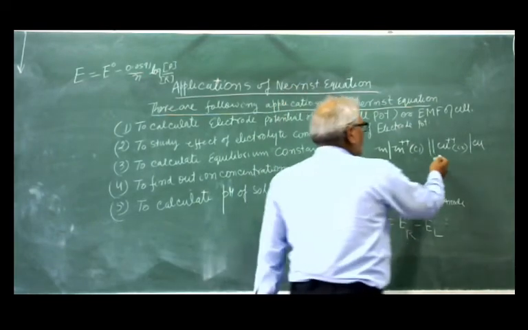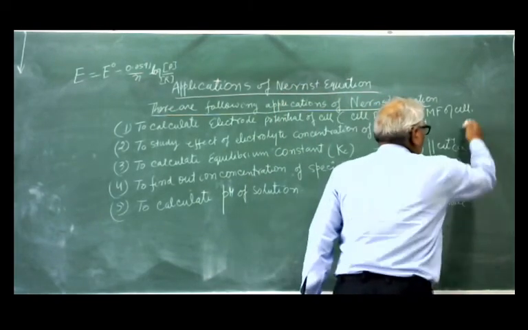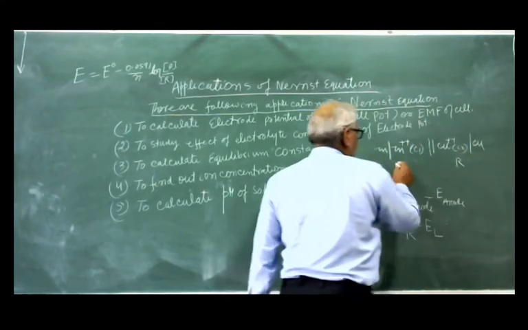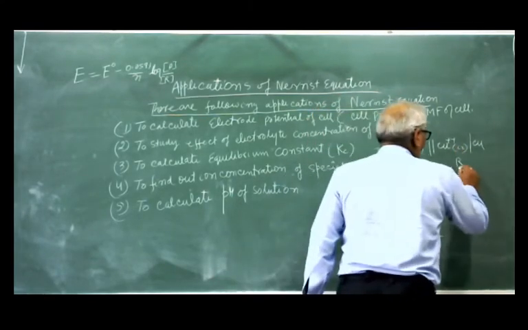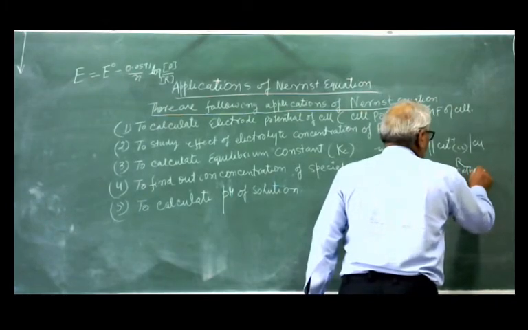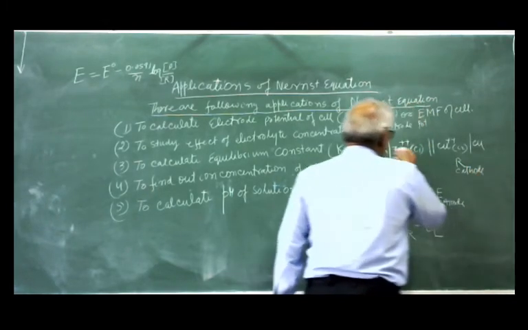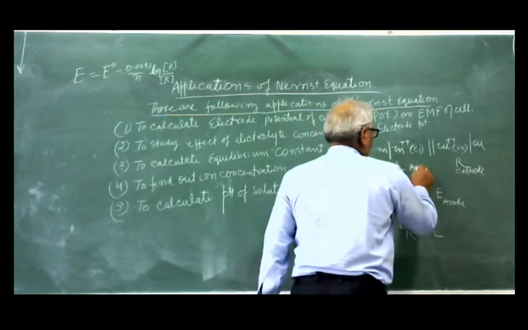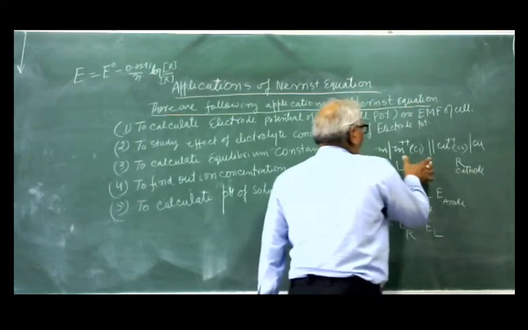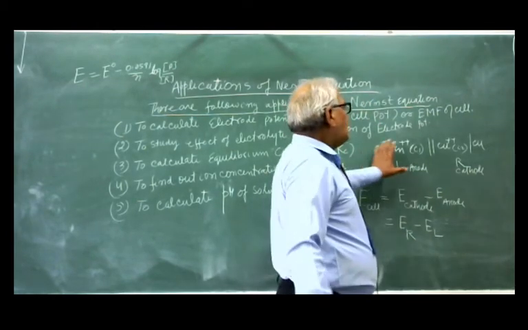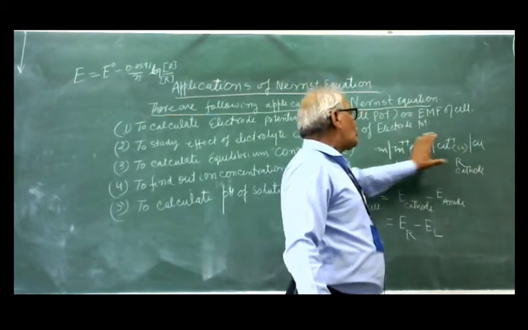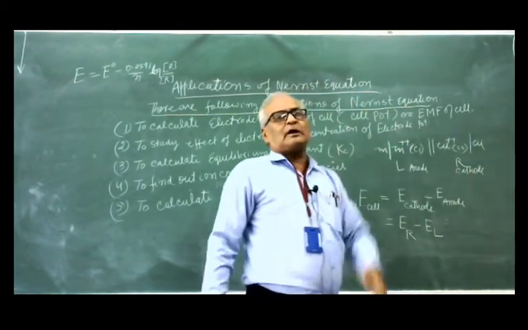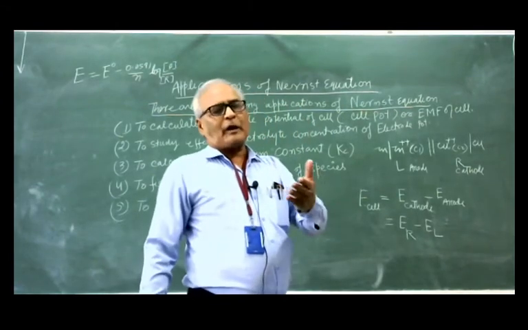So this is the right half cell and this is the left half cell. This is the cathode and this is the anode. The difference of the electrode potentials of the two half cells will give you the EMF of the cell.